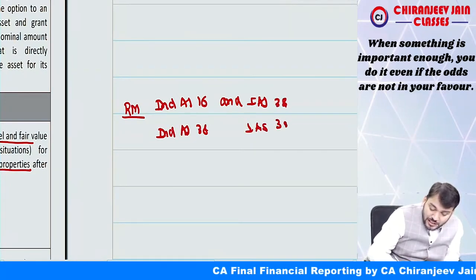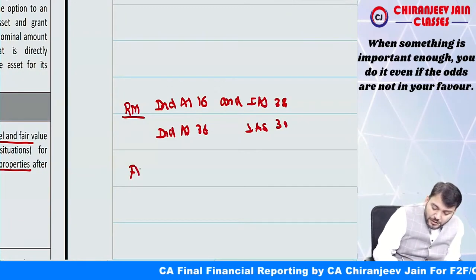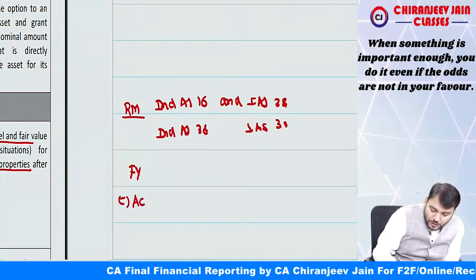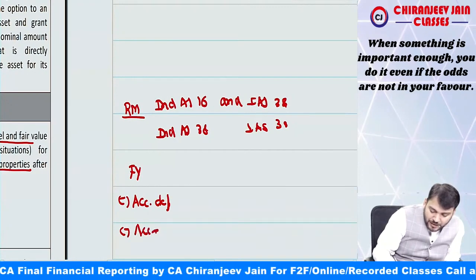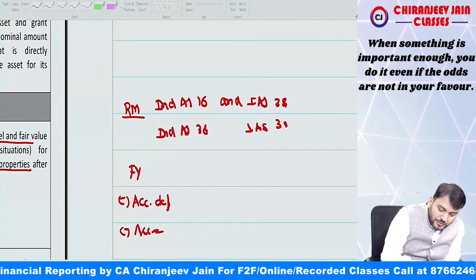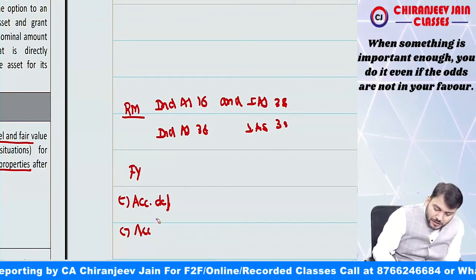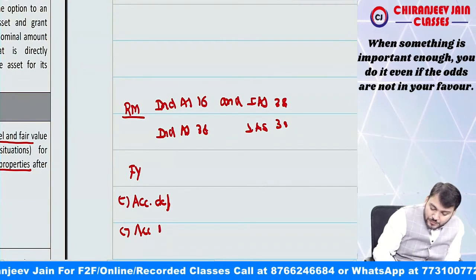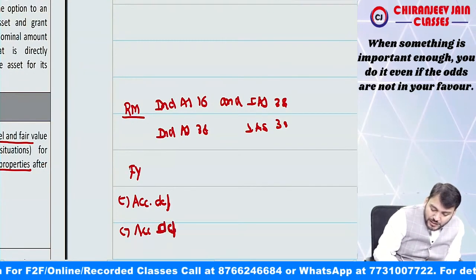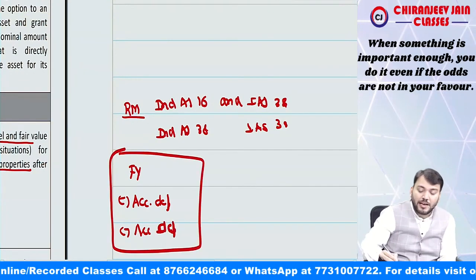Correct now. So revaluation model means what? Fair value, then minus accumulated depreciation, and then minus accumulated impairment loss. Correct now. This was the criteria. Meaning even though assets are revalued, we'll charge depreciation on that.